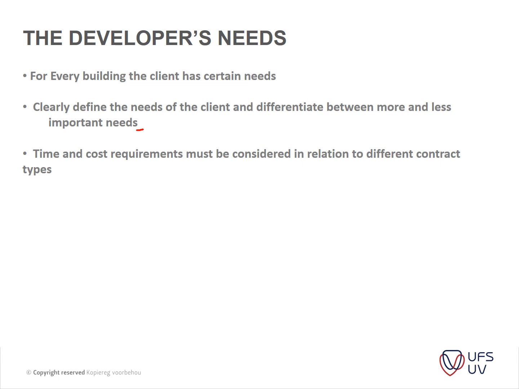So time and cost requirements must be considered in relationship to the different contract types. This was just a side note that was also added to this, as when you do get to construction, if you've got a turnkey type of contract, for instance, that means someone constructs a building and you are not too involved in trying to get the cost as low as possible.